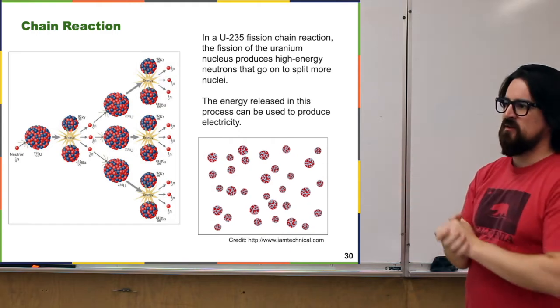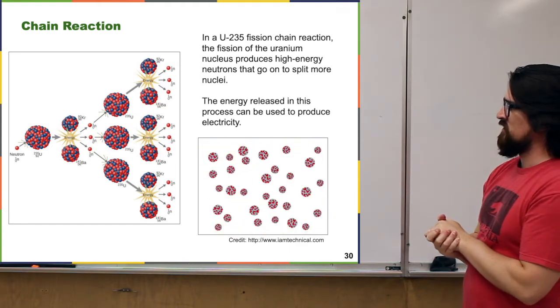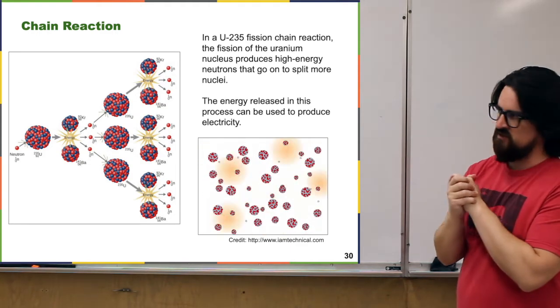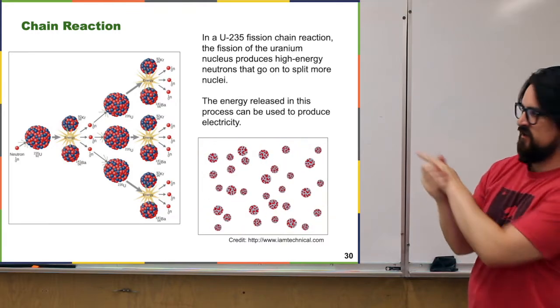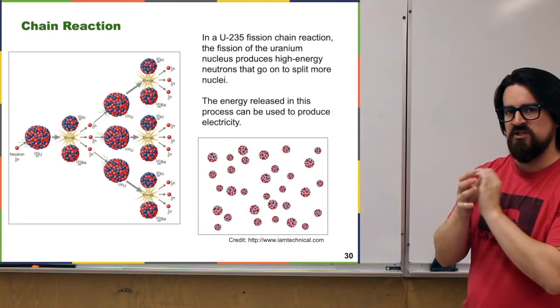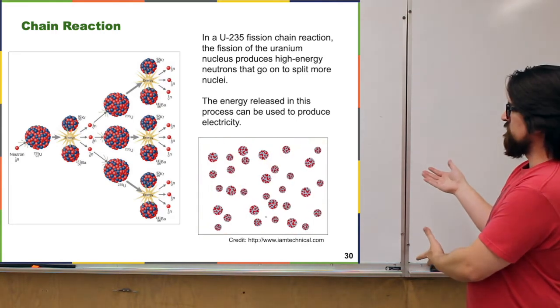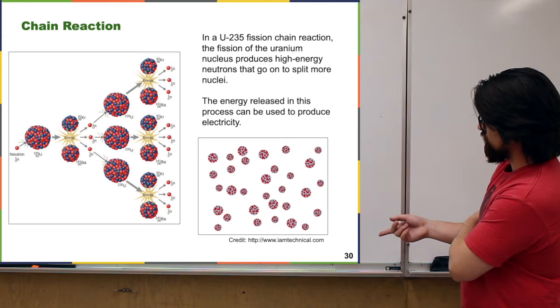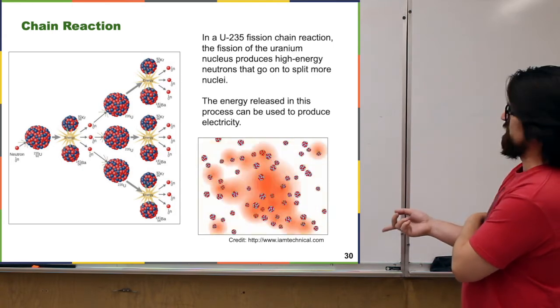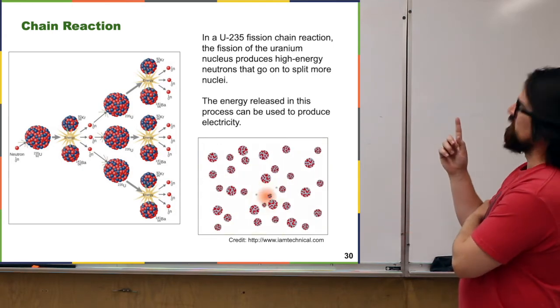Whether or not that's going to happen depends mostly on the concentration of the uranium-235 in that case, or the concentration of what you call fissile material. And we have a little GIF here where the initial neutron enters from the middle of the bottom of this box, and it runs into one nucleus.